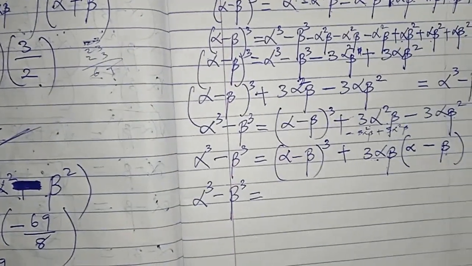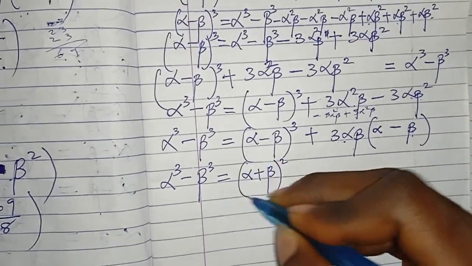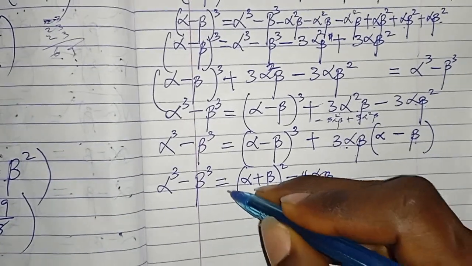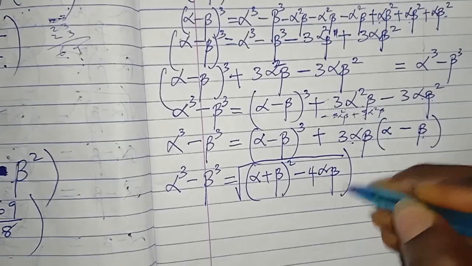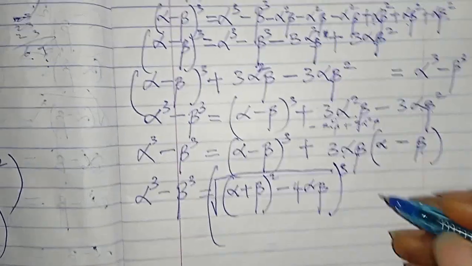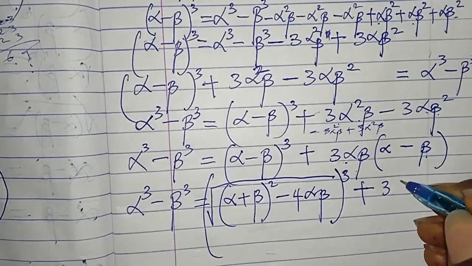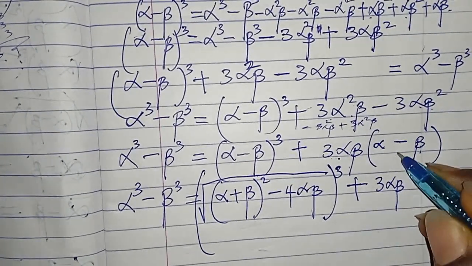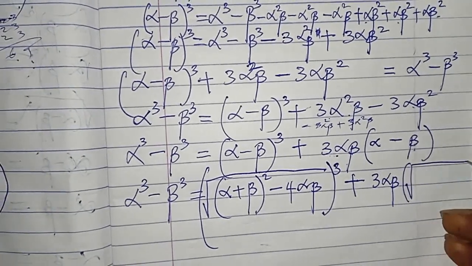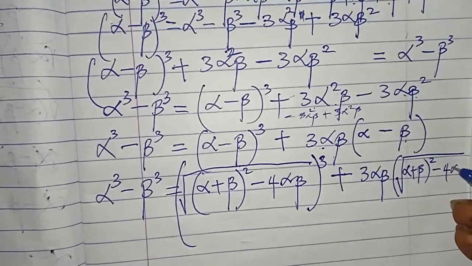So this is the same thing as saying alpha plus beta all square minus 4 alpha beta, then take the square root, or everything here is raised to power 3, plus 3 alpha beta. Then this is alpha minus beta, and it's the same thing as saying alpha plus beta all square minus 4 alpha beta.